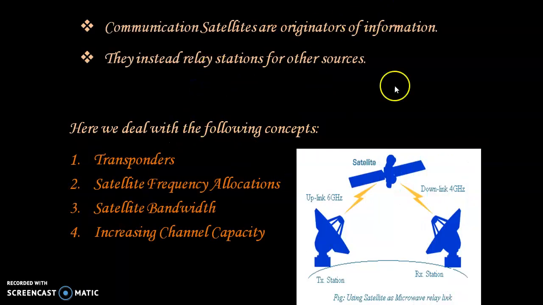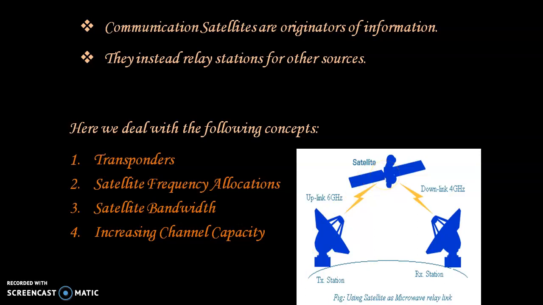The block diagram of a satellite communication system is shown in the figure. In this block diagram, an earth station transmits the information signal to the satellite using a highly directional antenna. The satellite receives this signal, processes it, and transmits it back.